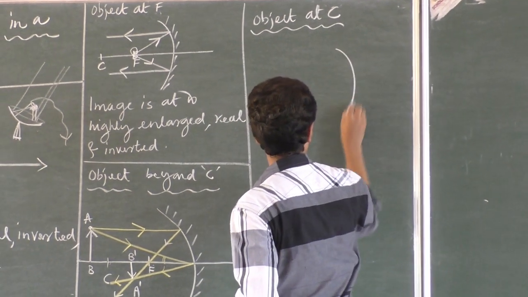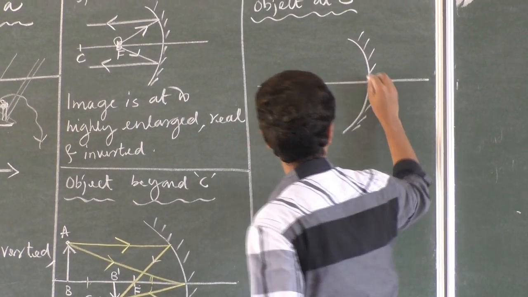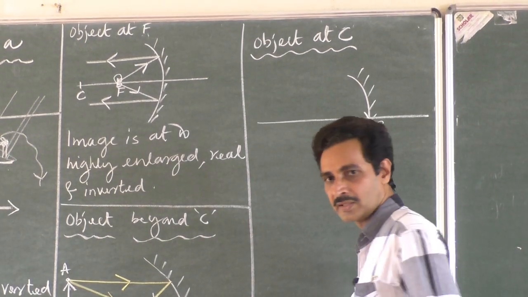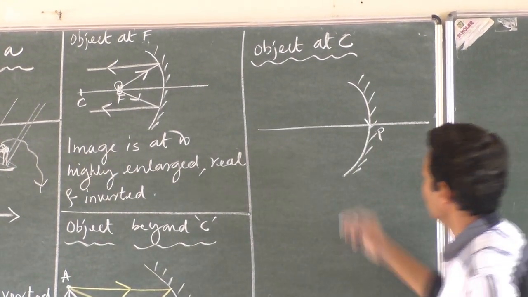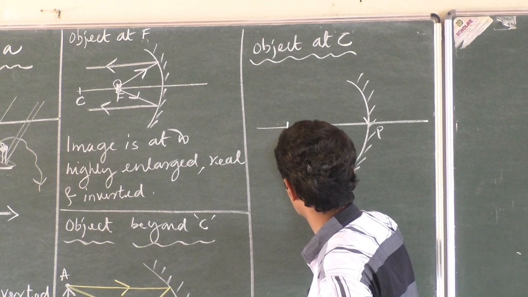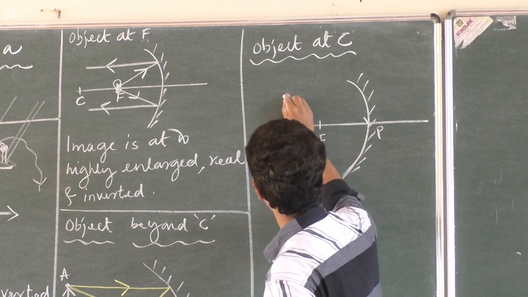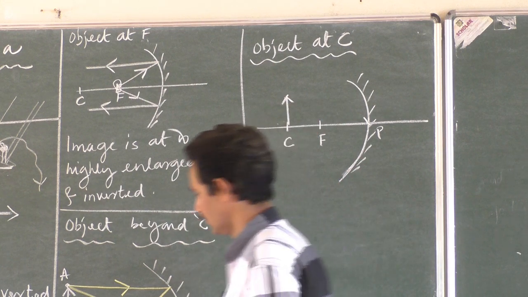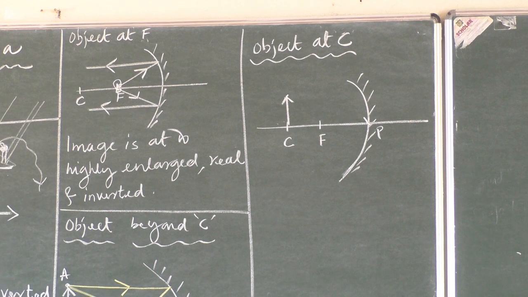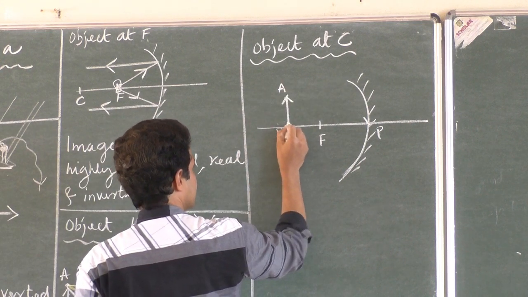Okay, take a concave mirror, draw a principal axis, pole is the geometric center, and we have a focus where parallel rays meet, and the center of the whole curvature, C. Now keep an object at C like this. So AB is an object kept at C, at the center itself.